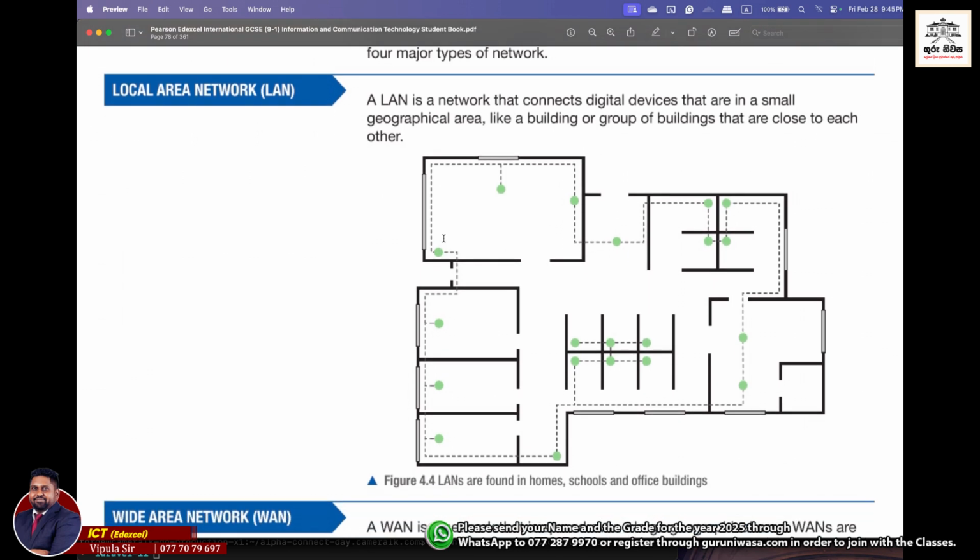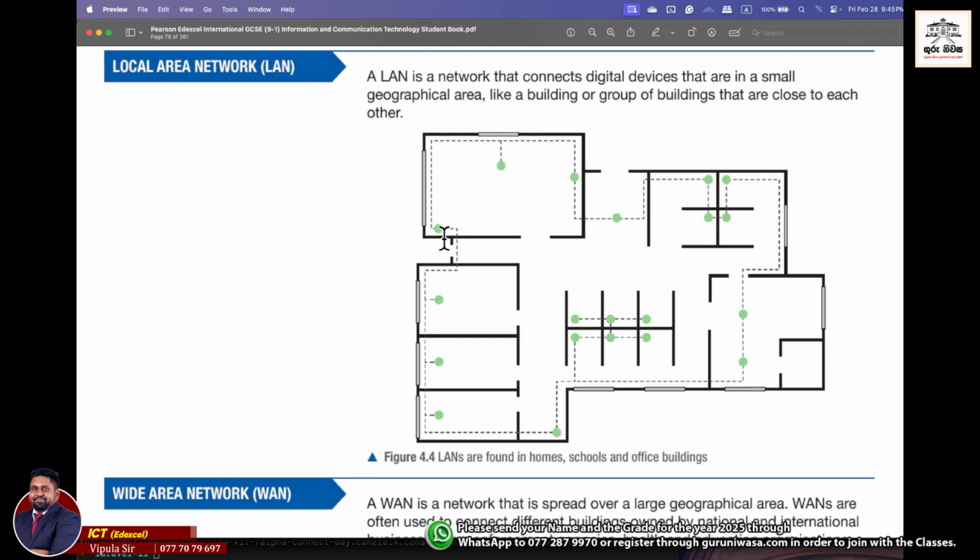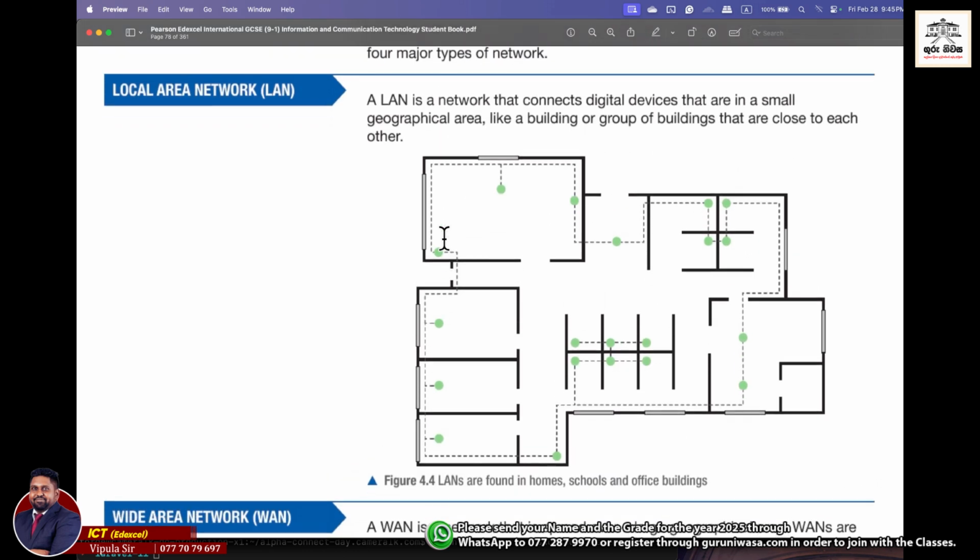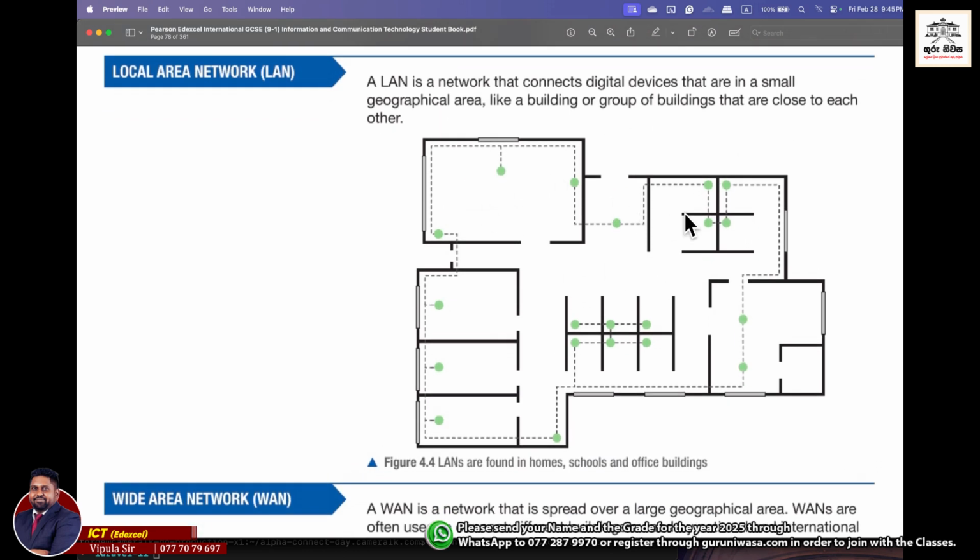We call it a local area network because we will be localizing it into a certain set of zones. So you can see here we have the network, we have a couple of rooms here, and all these rooms have different digital devices which are connected to the central network.